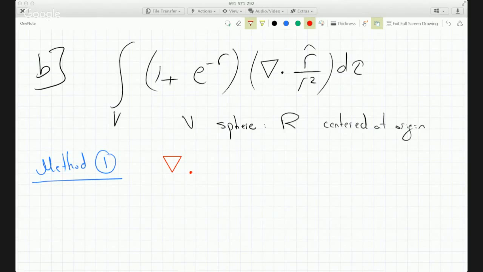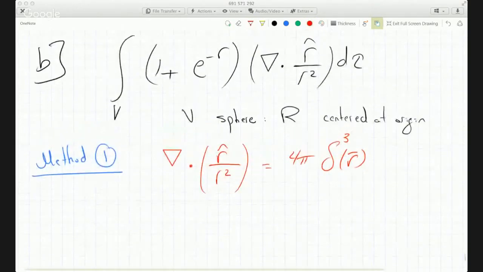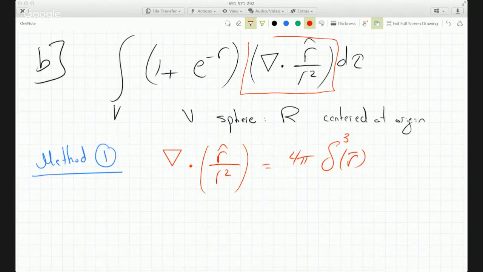Equation 199 in your book says that the gradient of this is equal to 4 pi times the Dirac delta function in 3D at R. Okay? So now I could replace this guy here with what we have.